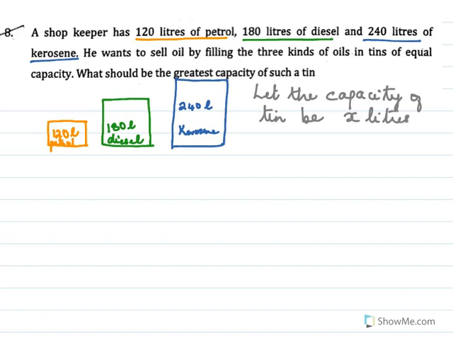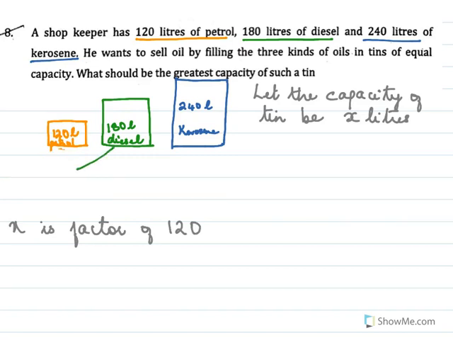He's going to take this 120 and divide it into these small X, X and X. We don't know how many. So you definitely know X is a factor of 120.